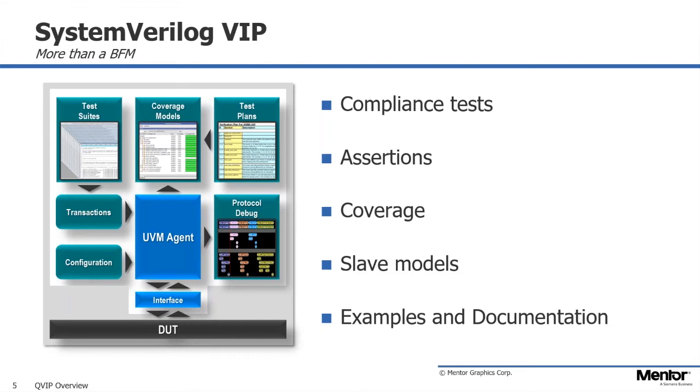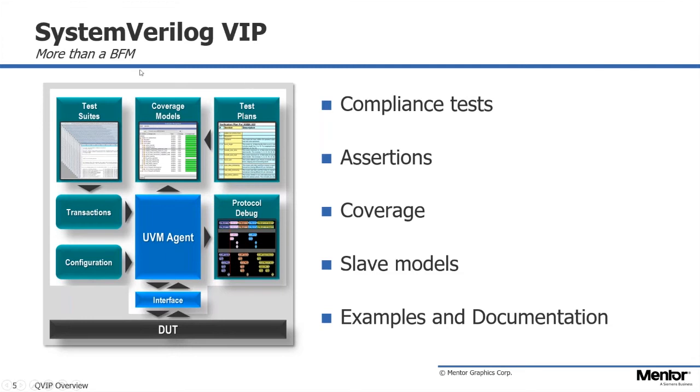Everything happens at a higher transaction level. We base that agent on a full test plan, so a full compliance test for whatever protocol we're talking about. From that compliance test, we build a set of coverage models, whether that be SystemVerilog cover points, cover directives, assertions, etc. So all of that coverage is built in.